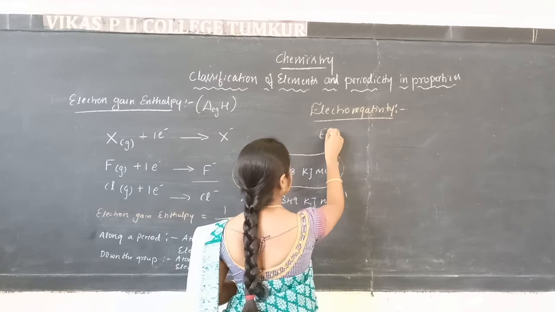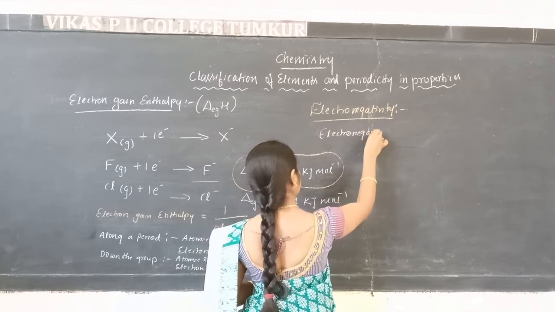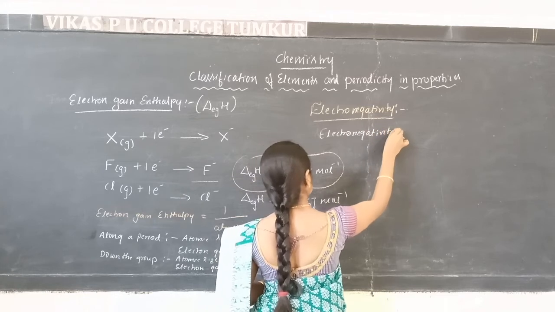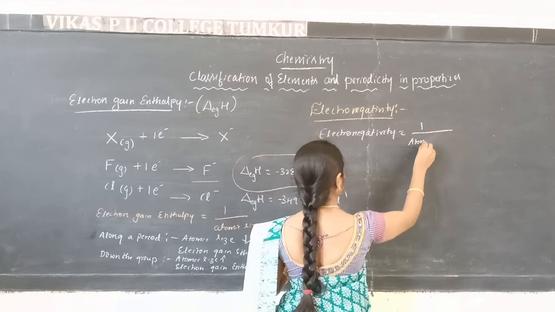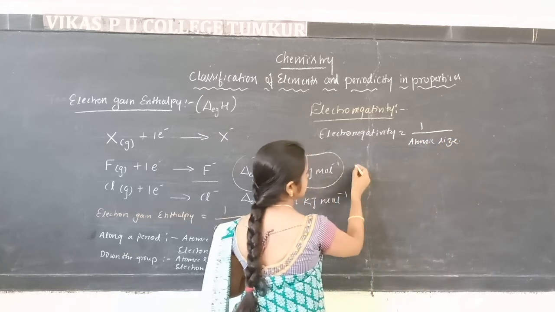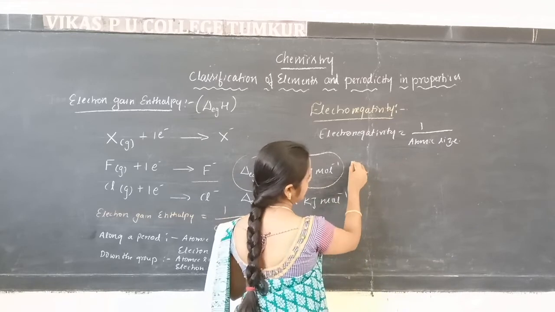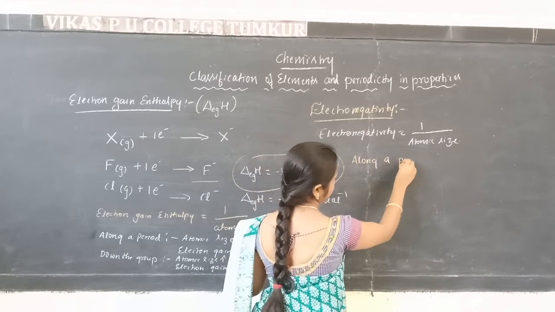Electronegativity is equal to 1 by atomic size. First we discuss along a period.